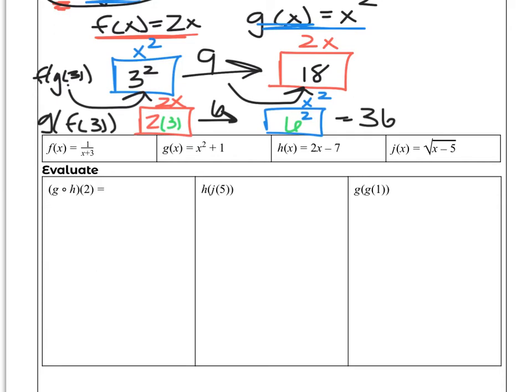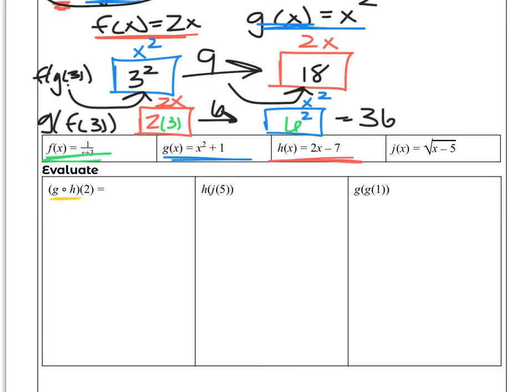The first thing I like to do in these problems is if it's written with that little open circle, I like to rewrite it in the other form. So here we have, let me color code all my stuff again, f of x, g of x, h of x. Well, let's do just h of x.